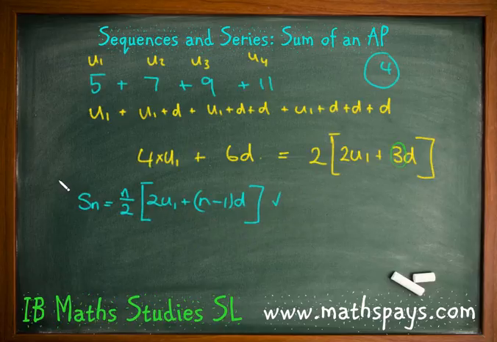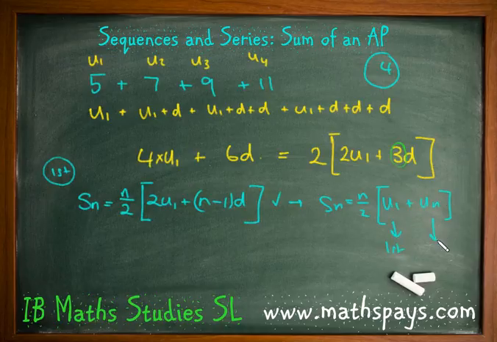That's the first formula. Now we're also given a second formula that we can use, which is Sn equals n on 2, U1 plus Un. Basically, that is the first term and that is the last term. You might think, how does that work?